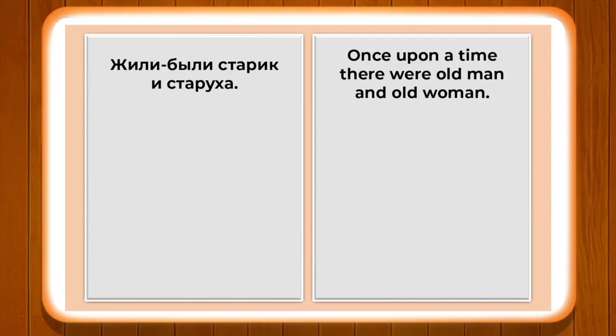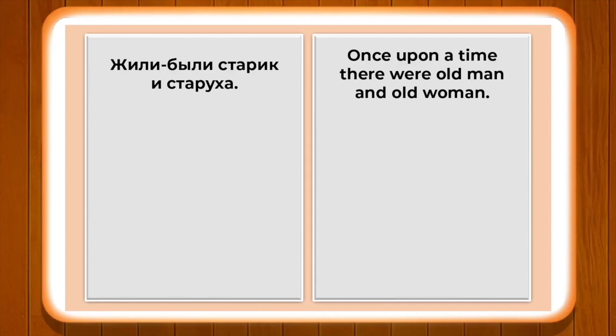But this set expression "жили-были" means once upon a time. So "жили-были старик и старуха." Starik, as we have done in our vocabulary, means old man and starucha is old woman. So the meaning of this sentence is once upon a time there were an old man and an old woman.